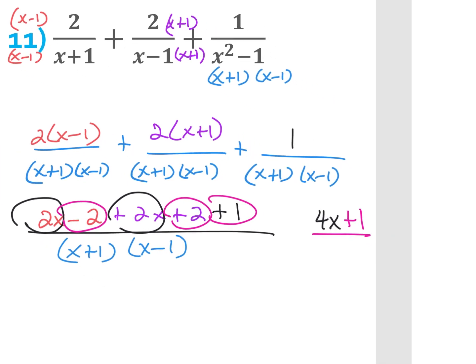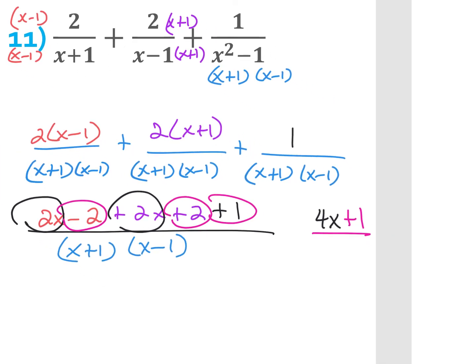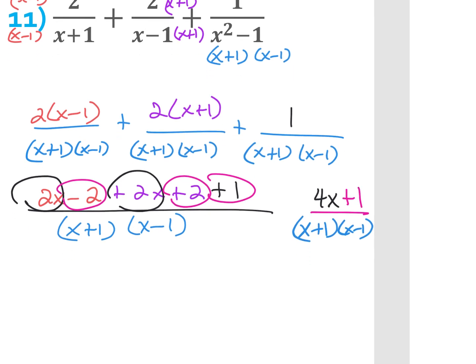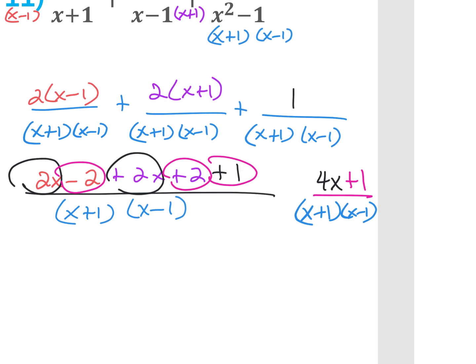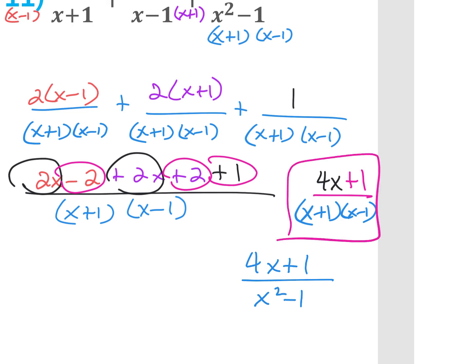And then it's over my x plus 1, x minus 1. Now be aware that I'm okay with you leaving it like that, but maybe on an SAT, they might FOIL it back and show it as x squared minus 1. But I prefer you just leave it like that in your factored form.